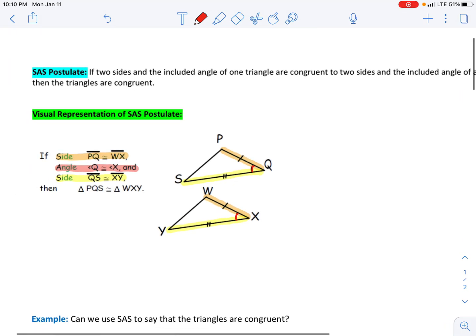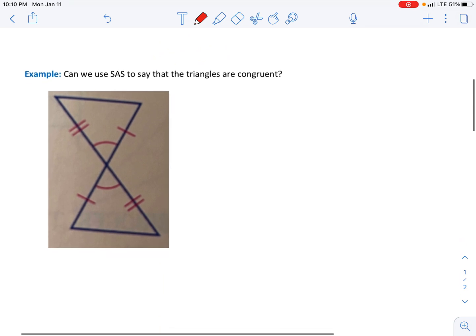Okay, let's actually look at an example now. In this example, I'm asking you, can we use the SAS postulate to say that the triangles are congruent? Well, first we want to determine if there are two sides of these triangles that are congruent to each other.